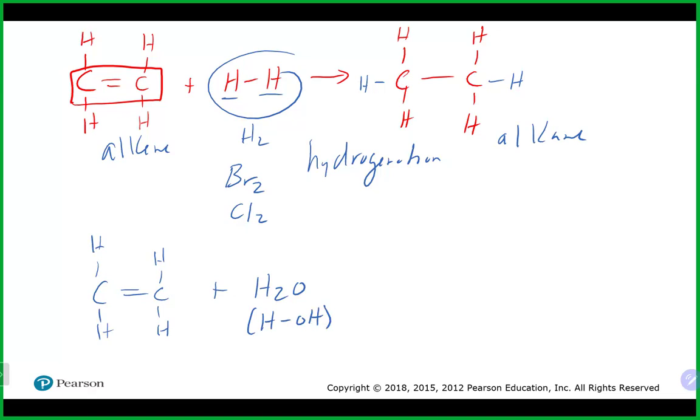And when you do have this unsymmetrical addition and you are adding hydrogen, there is a rule to follow: the hydrogen always ends up at the carbon with the most hydrogens to start with. So what we're talking about is the carbons in the double bond and how many hydrogens they have. If there is a difference in the number of hydrogens on those carbons in the double bond, then the hydrogen should go to the one with the most.